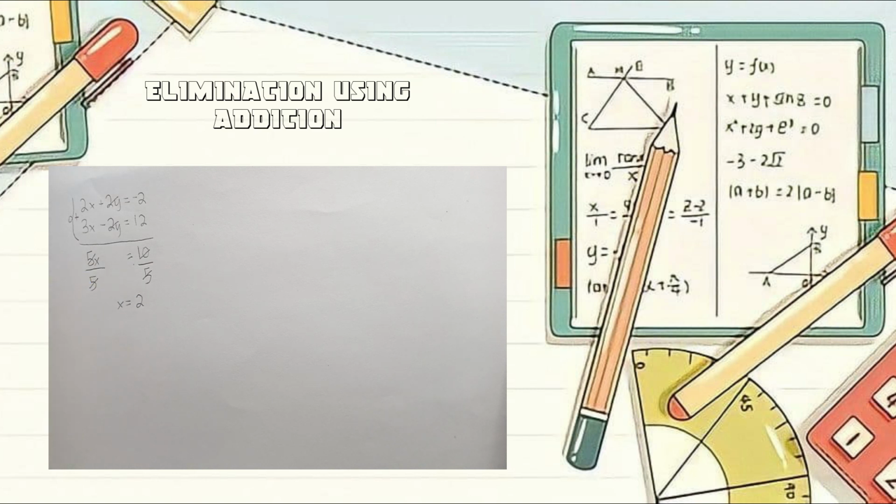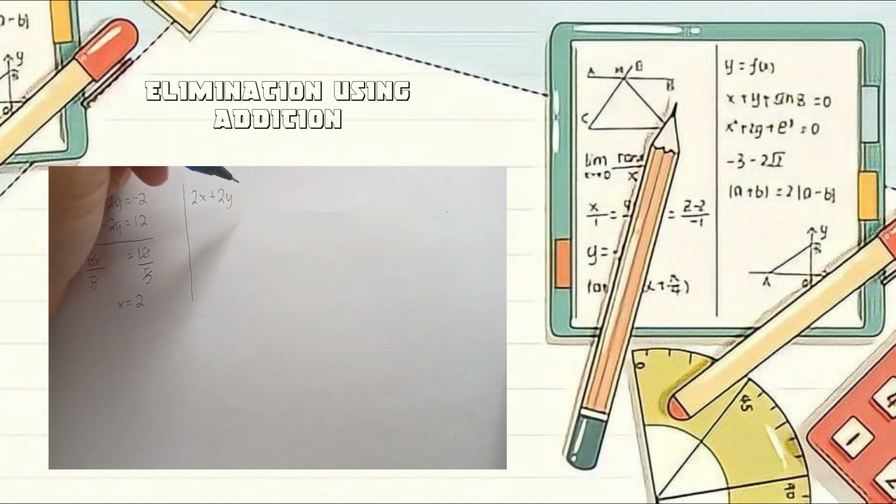To solve for y, you can choose either of these equations to substitute the x. In this case, I will be using the first linear equation, which is 2x plus 2y is equal to negative 2.